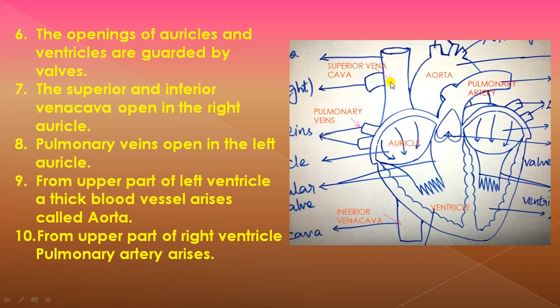So the superior vena cava and inferior vena cava open into the right auricle, the pulmonary veins open into the left auricle, from the upper part of the left ventricle the aorta arises, and from the upper part of the right ventricle the pulmonary artery arises. Okay, so I hope you understand.